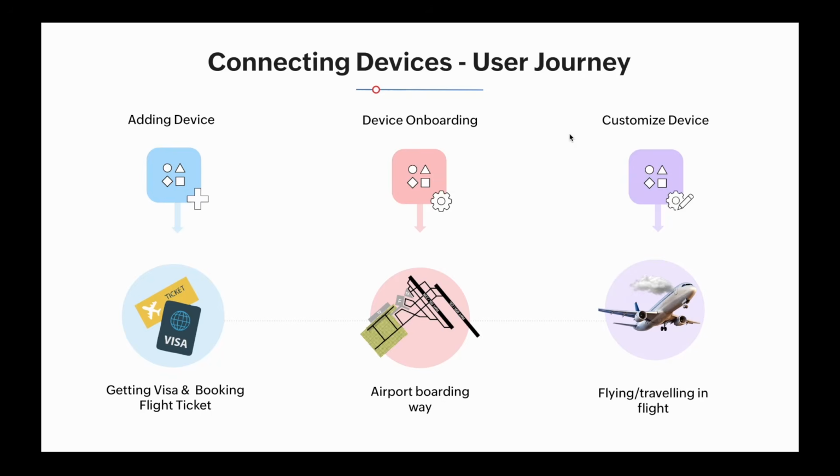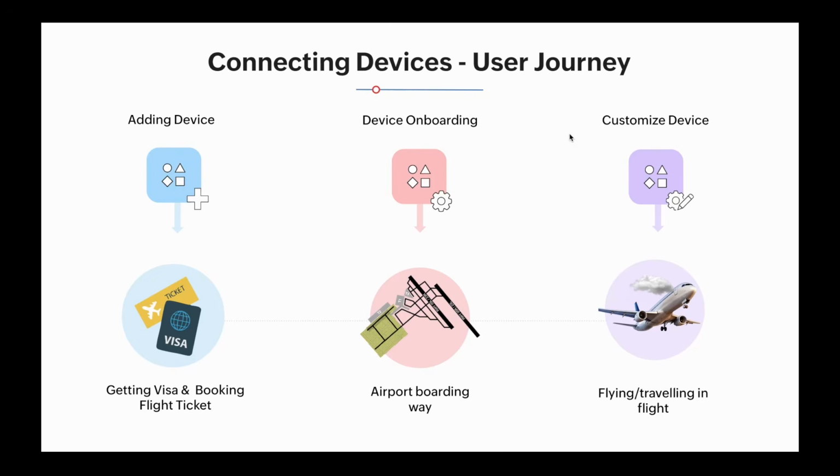That is the first stage. Number two, device onboarding, is similar to arriving at the airport, doing the check-in, boarding, going through the security check, and then doing the immigration activities. There are different steps or stages involved in the immigration and check-in process, right? That is what we call device onboarding.